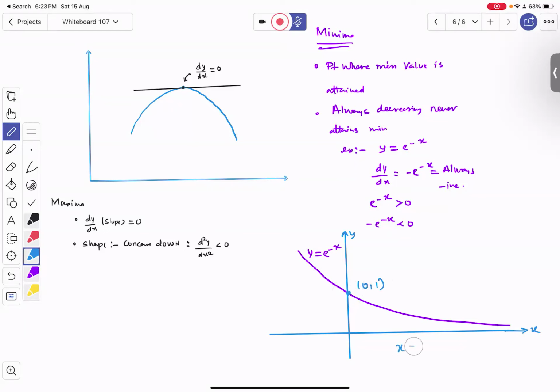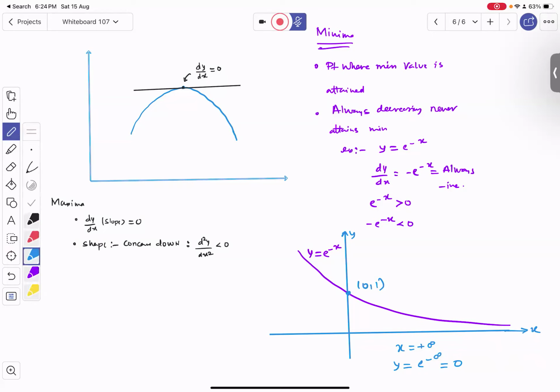And when x is going to be very, very large, like plus infinity, what will y become? y will become e power minus infinity. And what is it? 0. It means the bigger the value of x, the smaller y will become. So if x becomes infinitely big, y will become infinitely small, means what? 0.